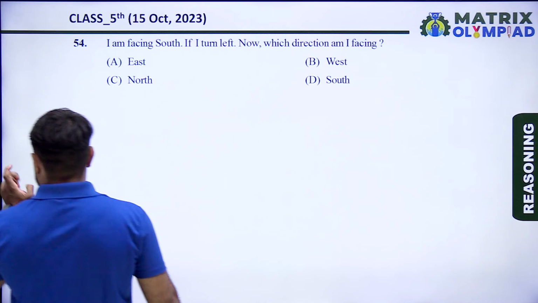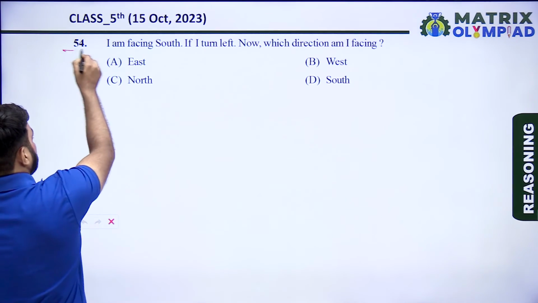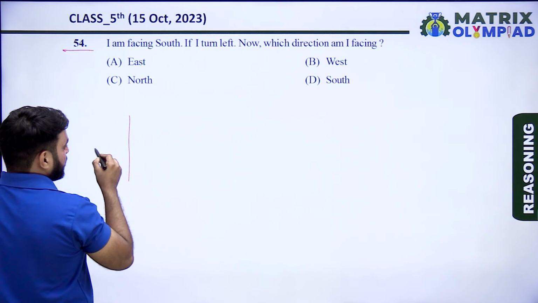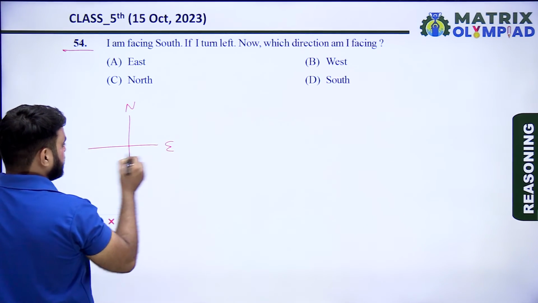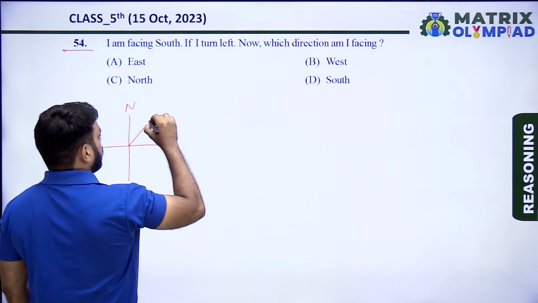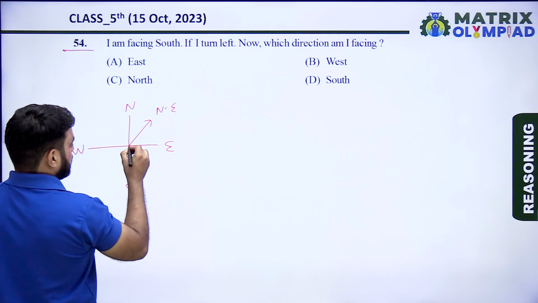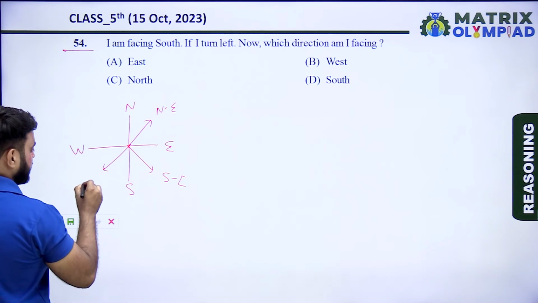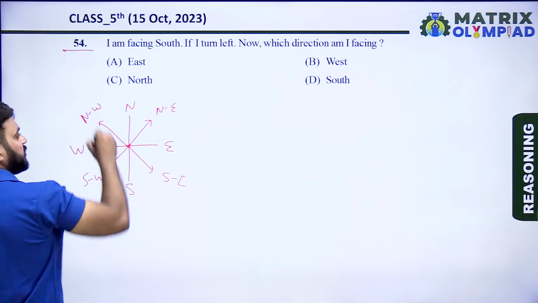Before starting this question, you should know that there are 4 directions: north, south, east and west, and there are 4 cardinal directions, it means northeast, southeast, southwest, and northwest.